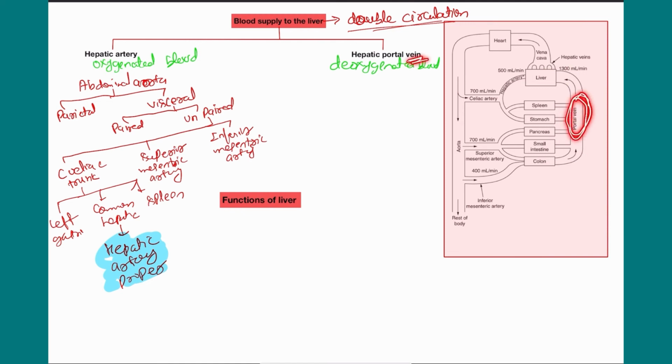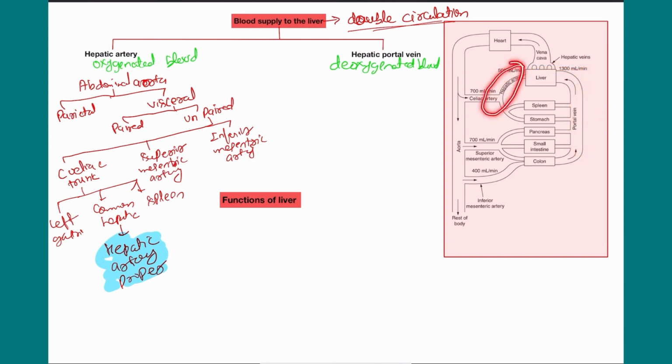Through the portal circulation, it goes to the liver. It contains deoxygenated blood, and it also contains nutrients from the different organs and transports them to the liver. The hepatic artery also transports blood to the liver.